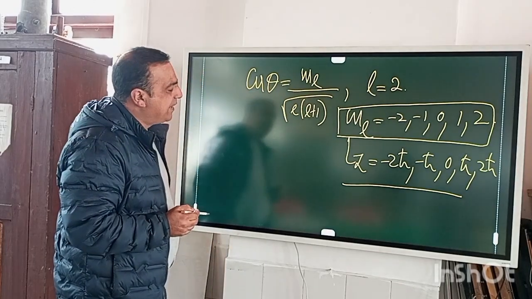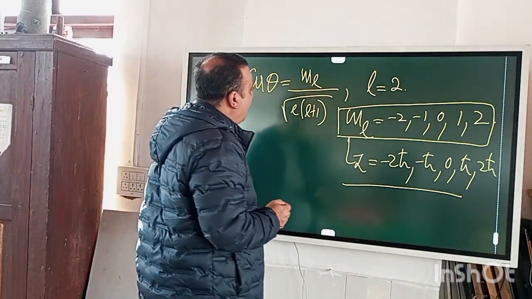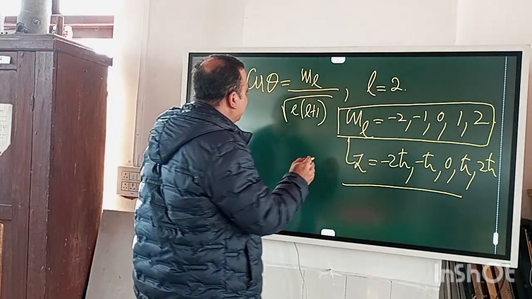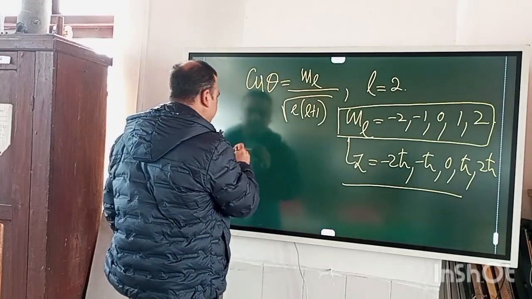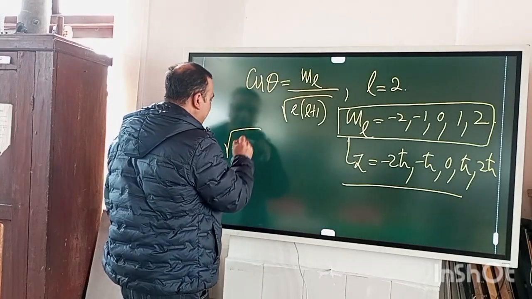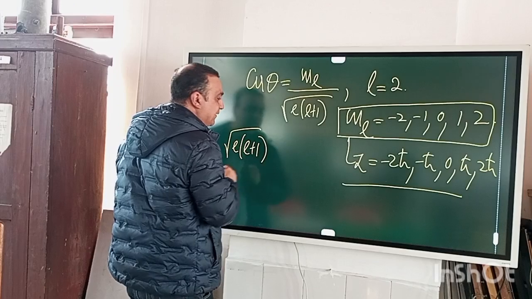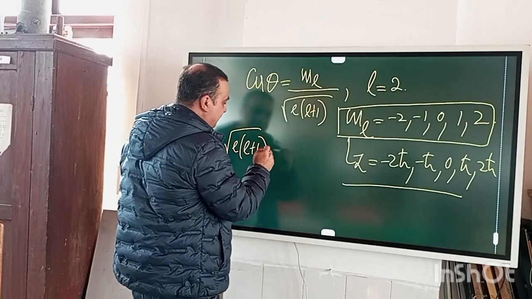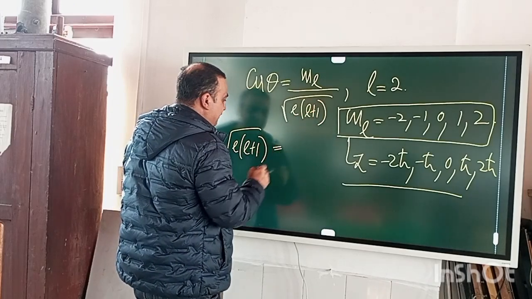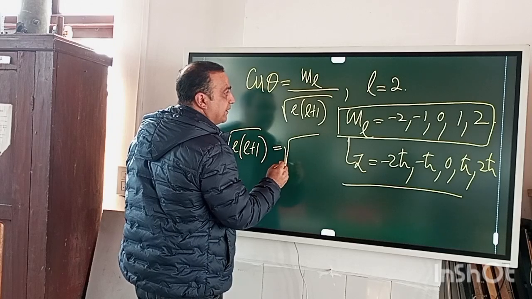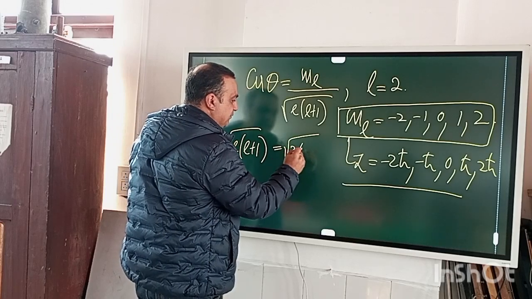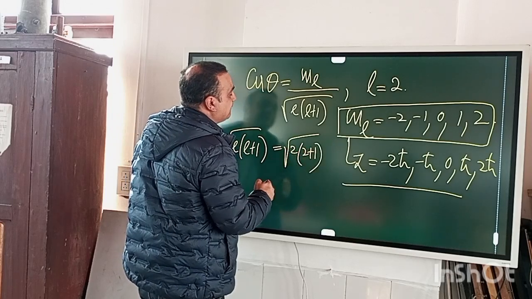Now, one more thing, if we calculate the square root of L times L plus 1, for this particular case that we have chosen, it will be the square root of 2 times 2 plus 1.